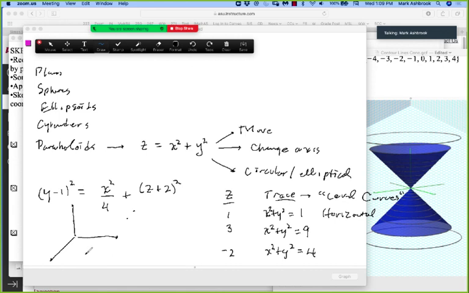So vertex this way. Which way does this open? It's going to open in the y direction. Yep. And then in terms of now, it's going to be elliptical, and we're going to have a ratio of x radii to z radii of 2 to 1. So it's going to be kind of like this.